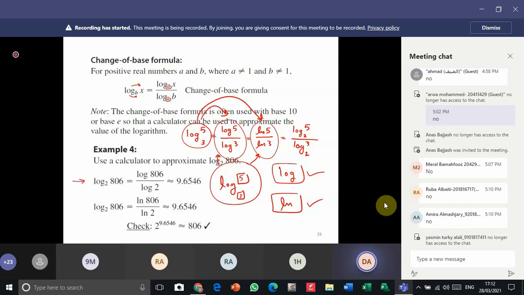How can we compute this by a programming language? This is using the natural logarithm, log 806 over log 2, and find the value of this. We can use the logarithm or natural logarithm.